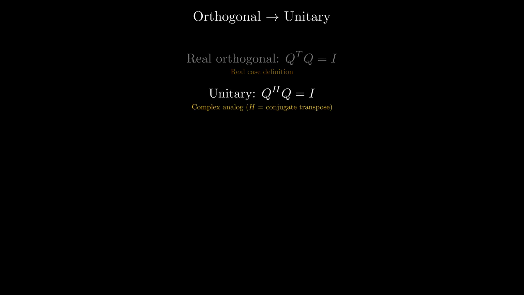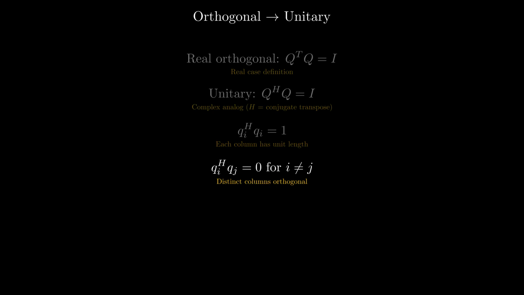Next, let's generalize orthogonality. A real matrix is called orthogonal when Q transpose times Q equals the identity. The complex analog is the unitary matrix. Q satisfies Q Hermitian times Q equals I, where H is the conjugate transpose. What this means concretely is that the columns of Q form an orthonormal set under the complex inner product. Each column has length 1, that is Q_i H times Q_i equals 1.